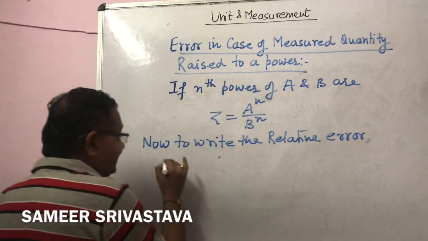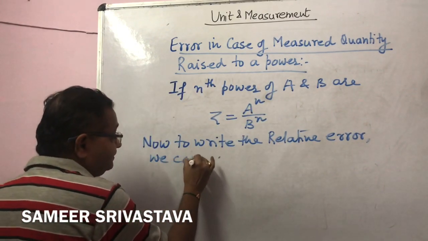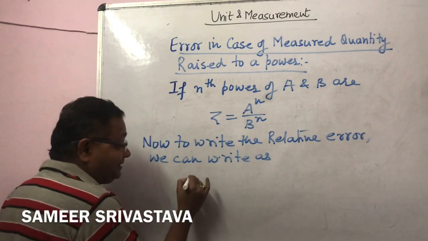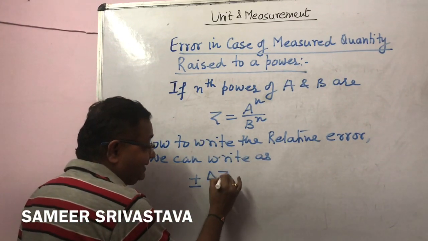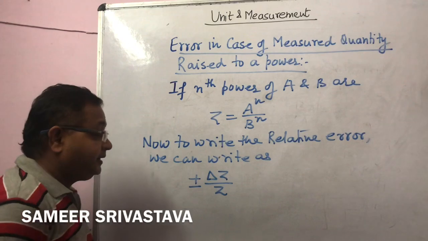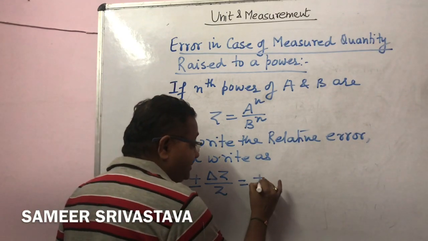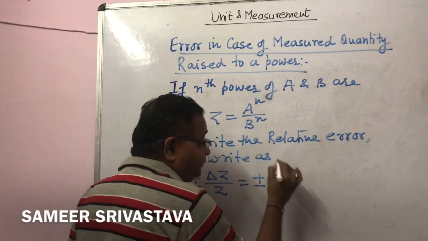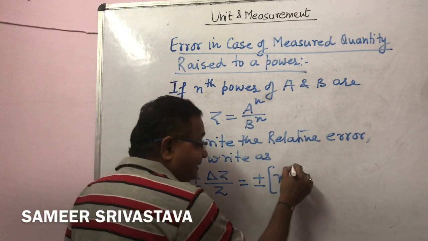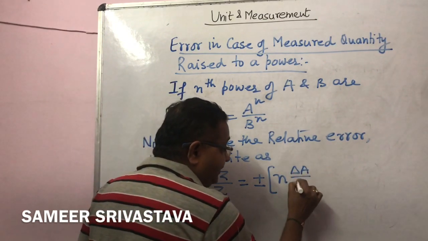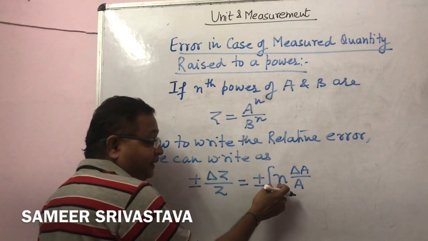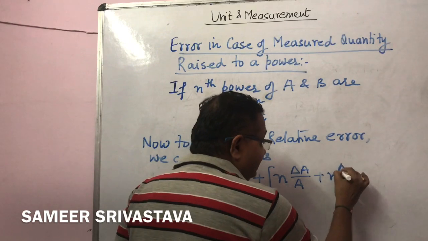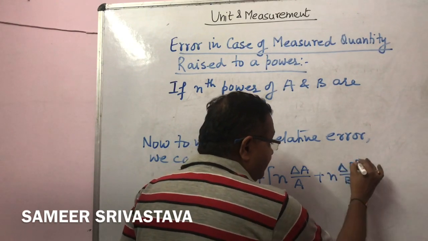we can write plus minus delta z upon z is equal to plus minus, this power is multiplied with the fractional error, n delta a upon a, right? This power is multiplied, n delta a upon a plus n delta b upon b.